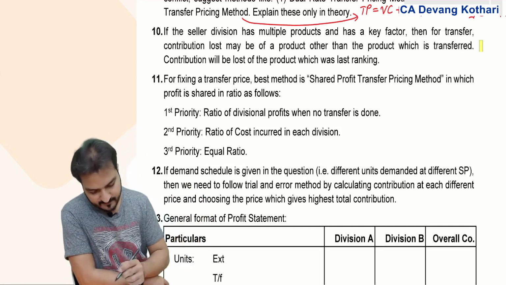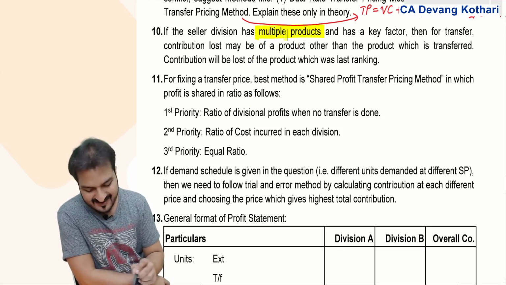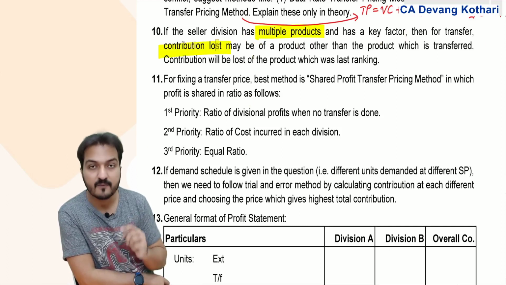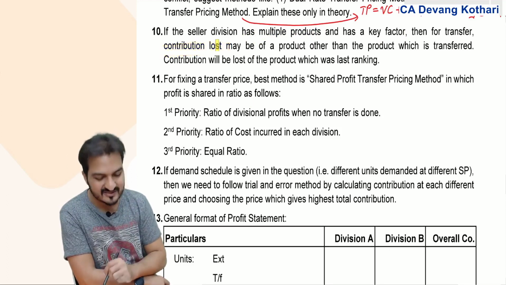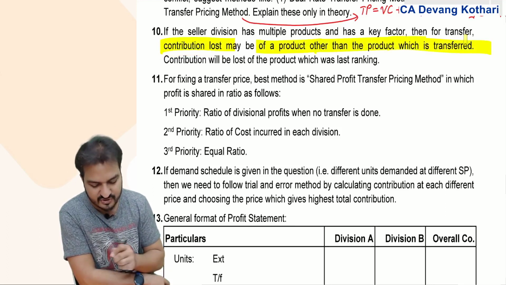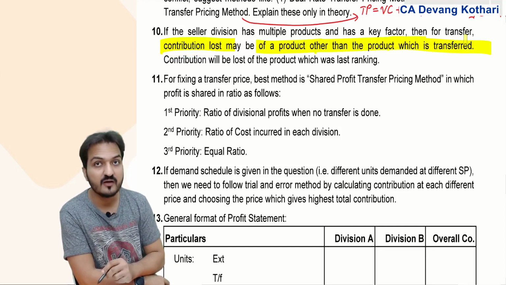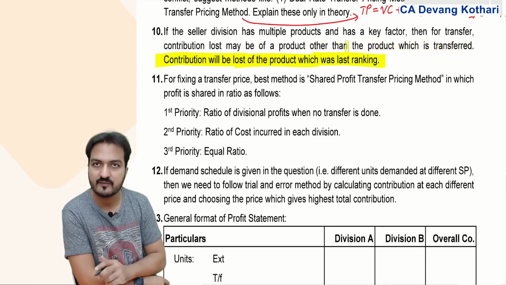In short, when there are multiple products in seller division, then whatever contribution is lost because of transfer may be the contribution lost of a product other than the one which is transferred. Generally, it will be the contribution of the last ranking product.